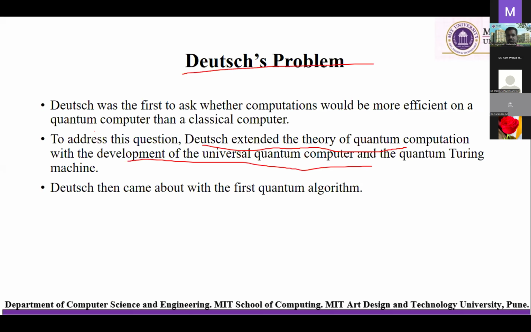He proposed the idea that any computations we can perform efficiently on a quantum computer as compared to the classical computers, so he started towards designing similar types of systems. Deutsch then came up with the first quantum algorithm.